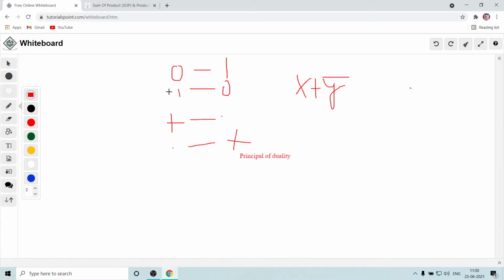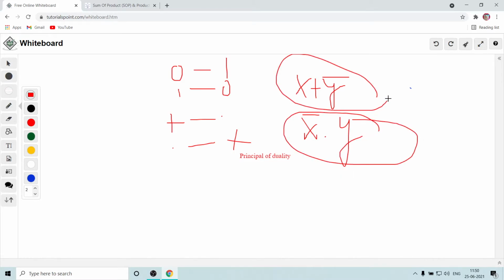And principle of duality says converting 0 to 1 and 1 to 0. So this is my x, so I converted it to x bar. This is y bar, I'll convert it to y, and this plus sign will be converted to dot. So, after applying the principle of duality rule onto this expression, my expression becomes this expression.